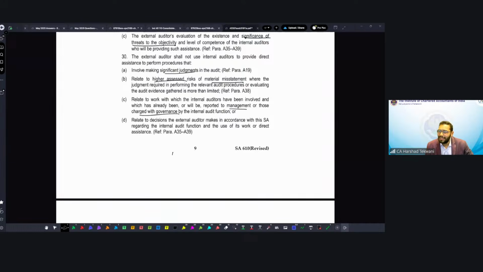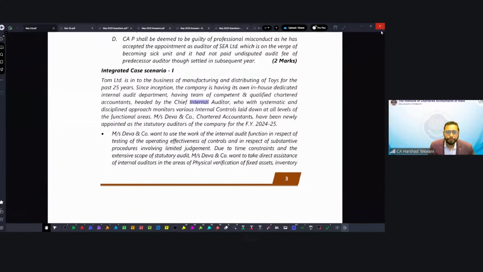It's an integrated case scenario. And we will take one of the MCQs from that integrated case scenario. Tom Limited is in the business of manufacturing and distributing toys for the past 25 years.